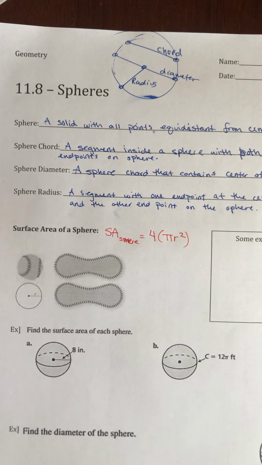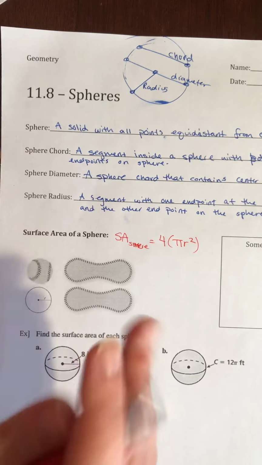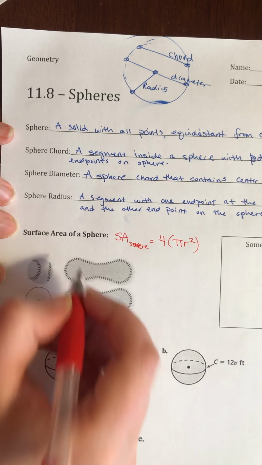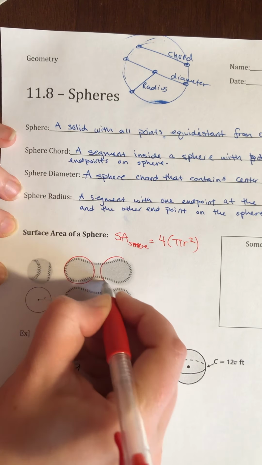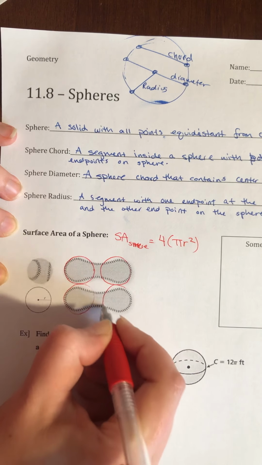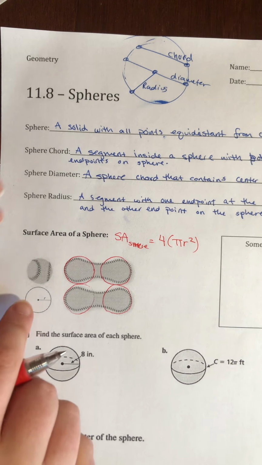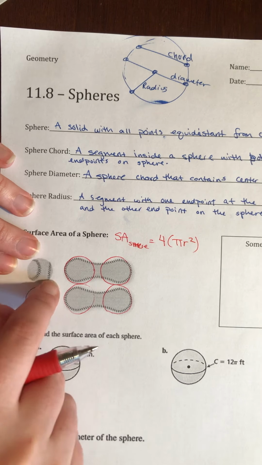Well, if you imagine a baseball and what they use to cover that, if you unwrap a baseball, this is what you get. It's a little squished, but it's 4 circles. And the radius is still the same, it's just now from the center of the sphere to the edge.